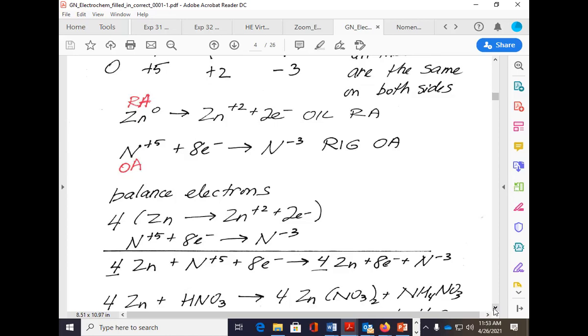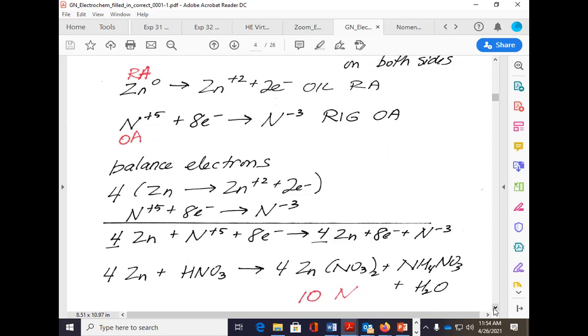We use our coefficients to put them back in the equation. We notice we've got 10 nitrogens. We're going to have to fix that.